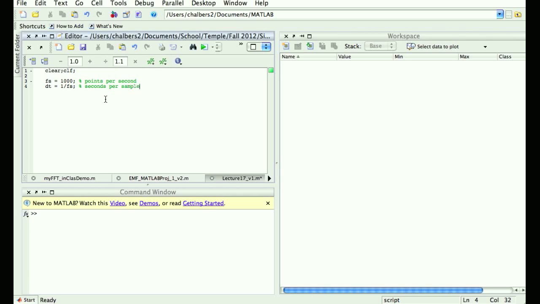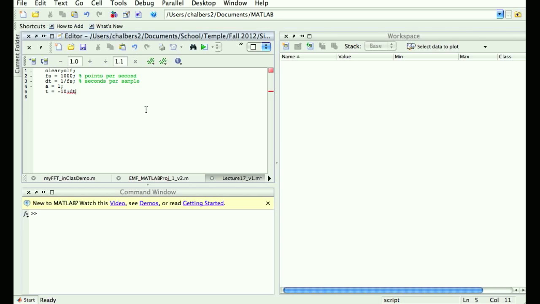Let's say t equals minus 1 to 1. Actually, you saw how on the board I made it minus a to a? Why don't I just make a variable as well? Let's say a equals 1. I'm going to have my time vector go from minus 10 to dt to 10, and then I'll specify a.